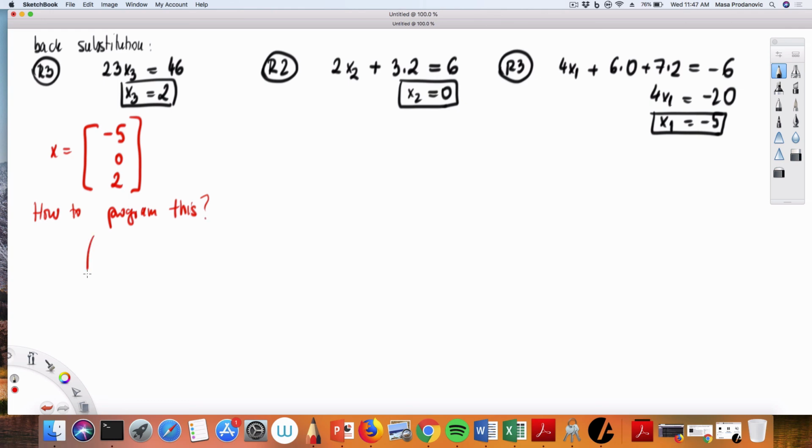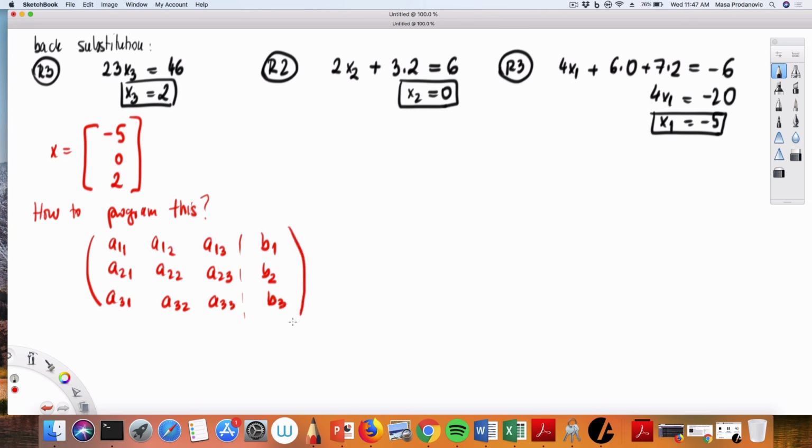So let's say that I have just a 3 by 3, but for a computer I actually want to have something bigger. So I have A11, A12, A13, and B1, A21, A22, A23, B2, A31, A32, A33, and B3.